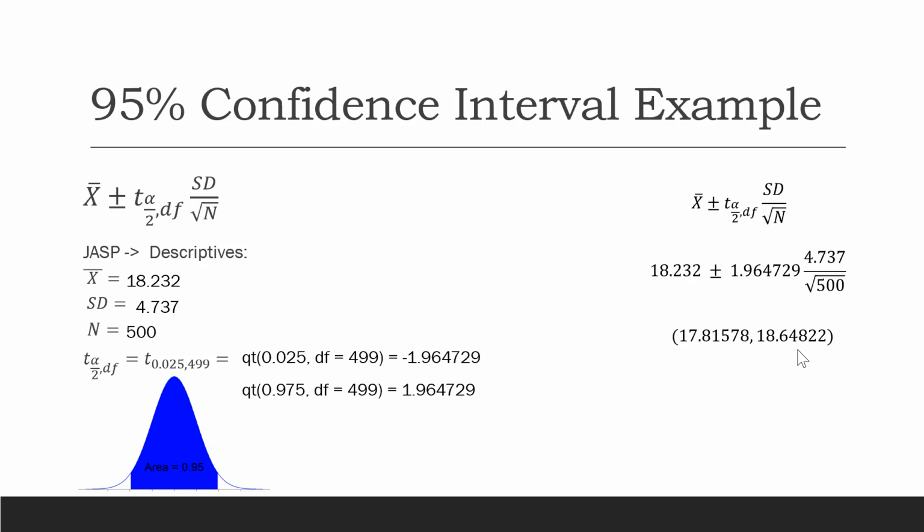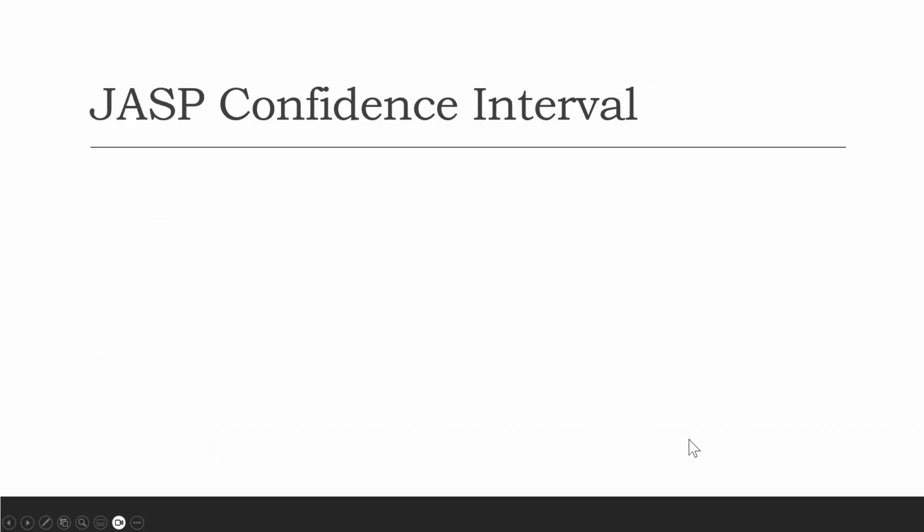All right? Now, when we do this in practice, we usually don't go through all these formulas and go through this process. And so I do want to show you how you can find this information in JASP. I told you that a confidence interval is a statistical inference tool, right?